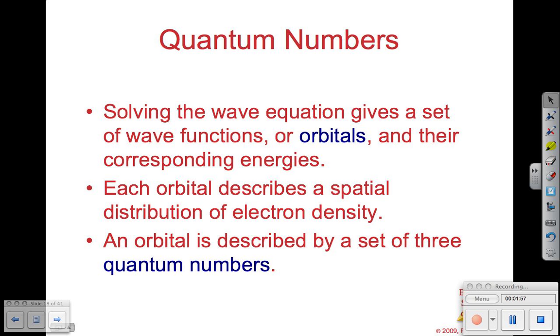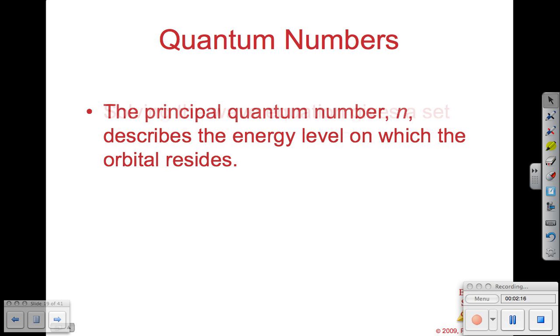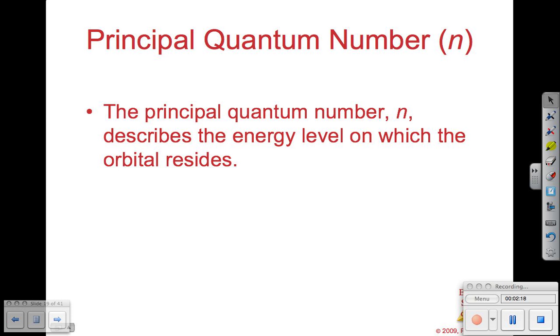Each orbital is assigned several quantum numbers, and those quantum numbers basically give us the address, or the best location, of where different electrons are, or where we assign them to be. They might change position, but it gives us a way to define their locations.